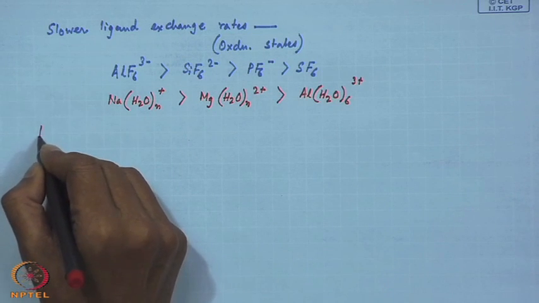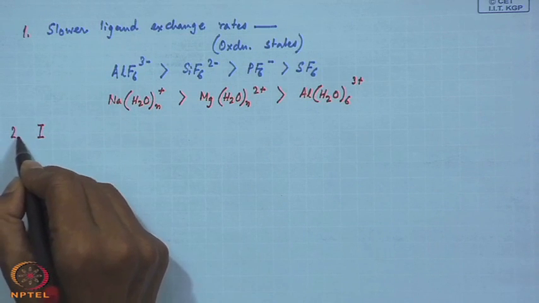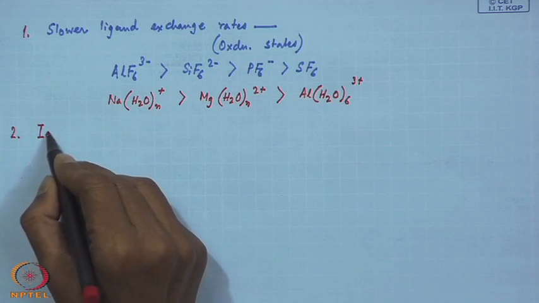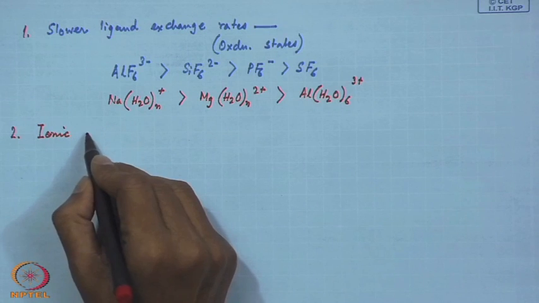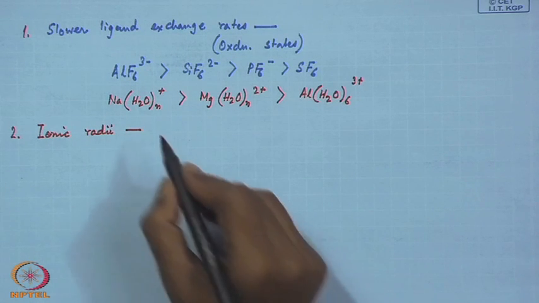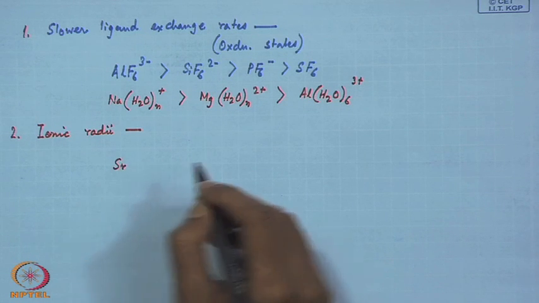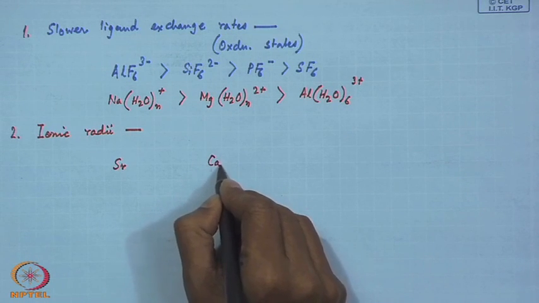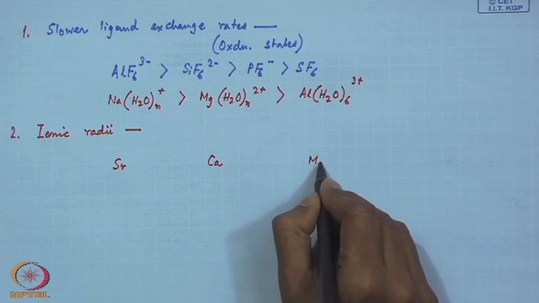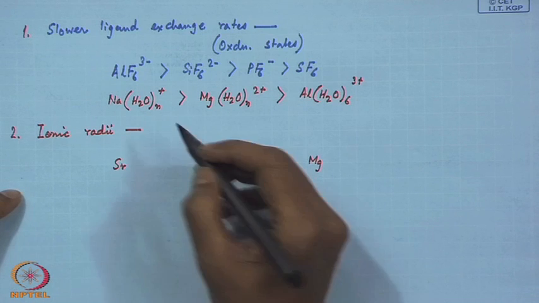Similarly, it also has a dependence on ionic radii. This is case 1 and this is case 2. So, we can have the ionic radii for strontium, for calcium, and for magnesium, and all of these have some particular order.